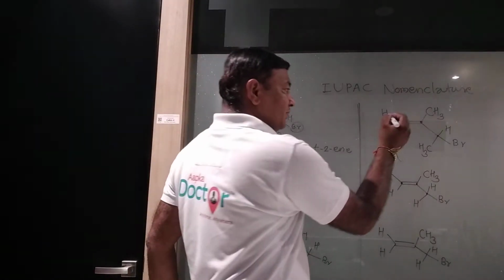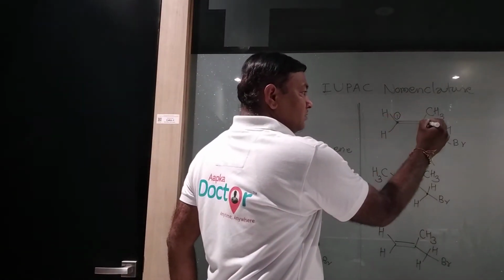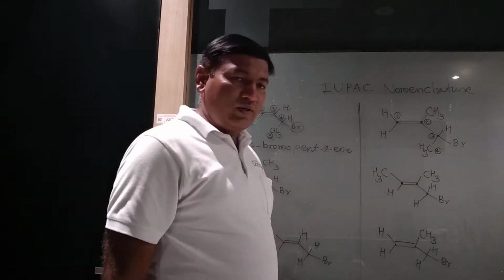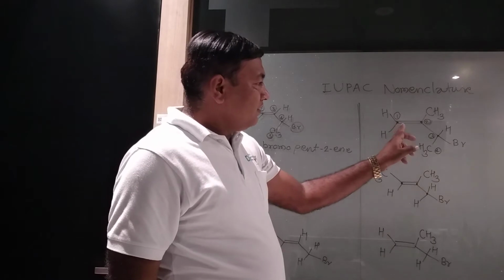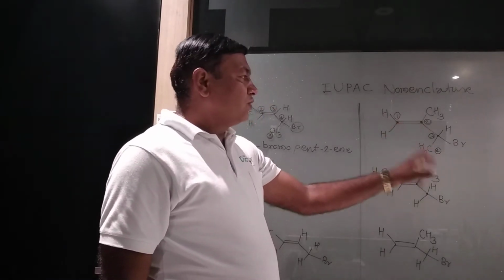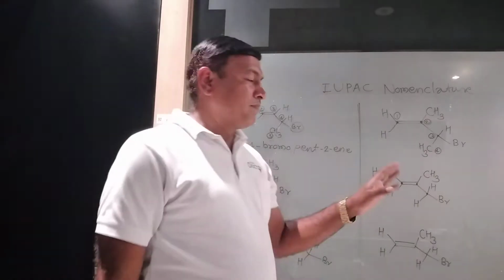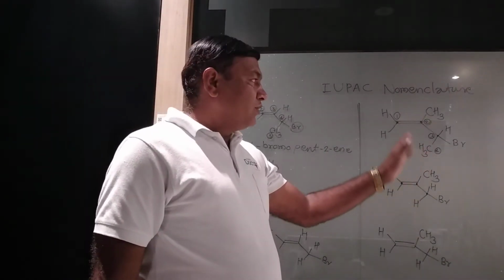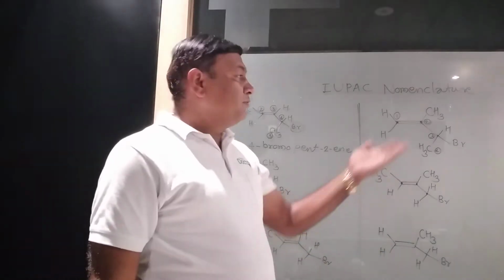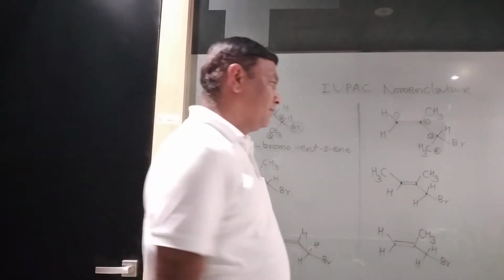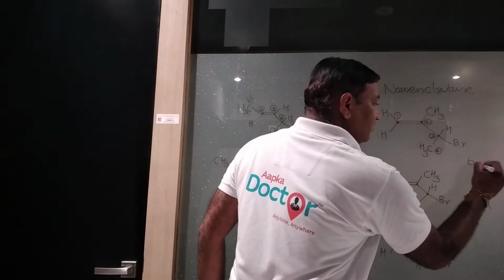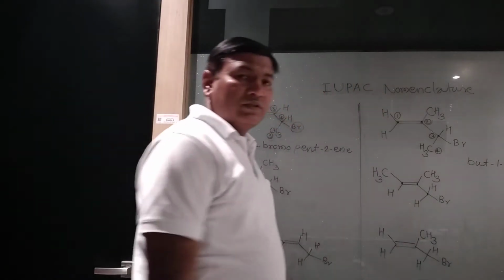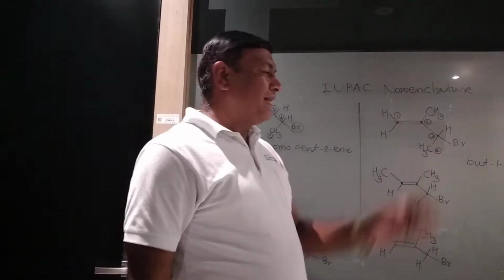So preference is from this side, 1, 2, 3, and 4. So the alkene is at number 1 and the total carbon number is 4. A 4 carbon alkane is butane, but rather than butane we write butene, in position 1. So but-1-ene is the parent alkene.